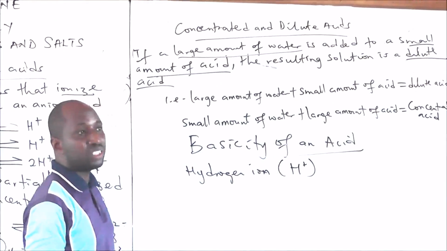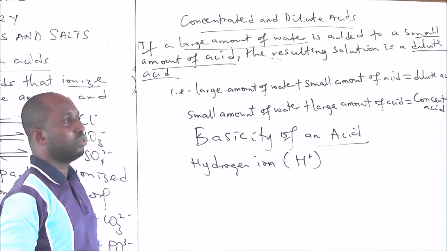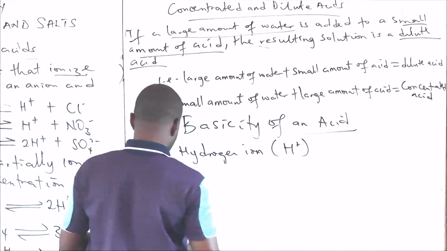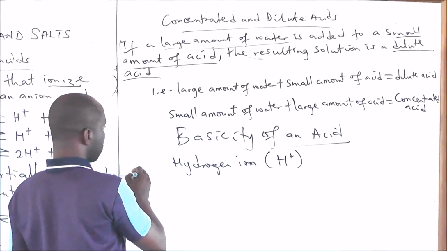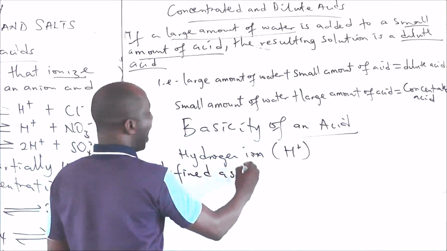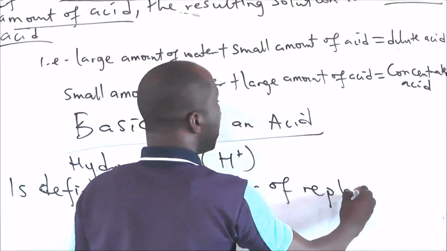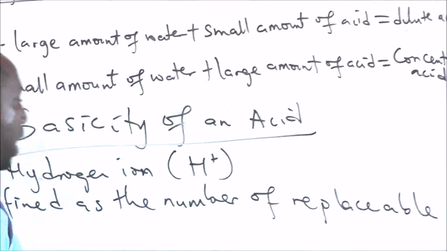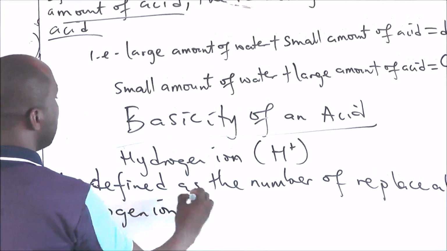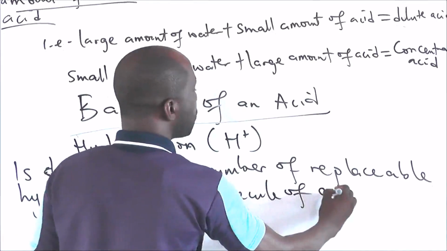Basicity of an acid is defined as the number of replaceable hydrogen ions in one molecule of an acid.